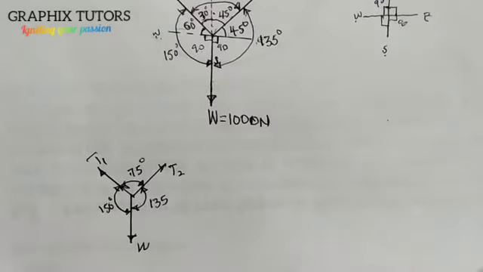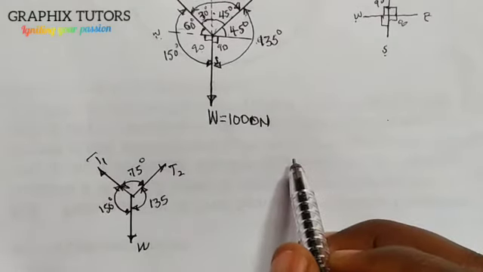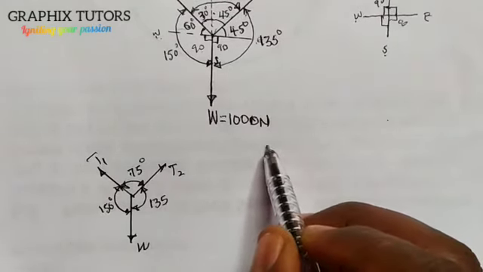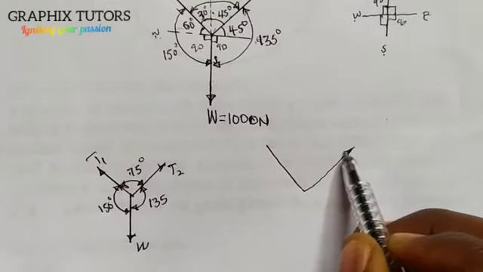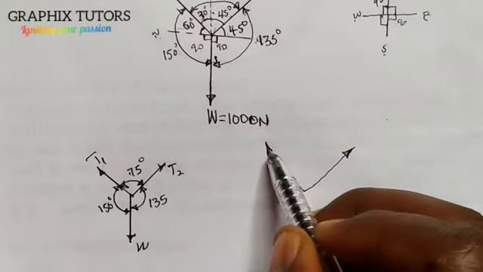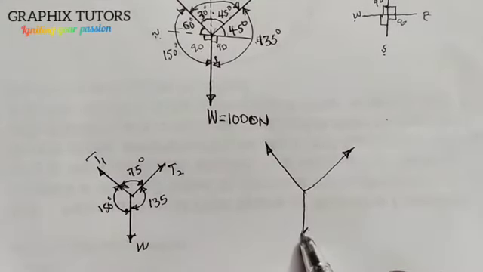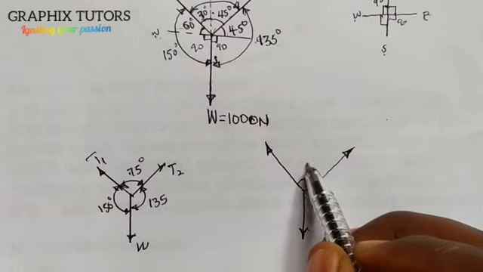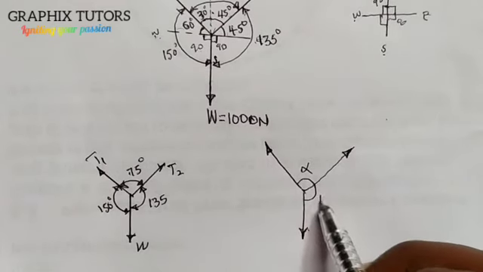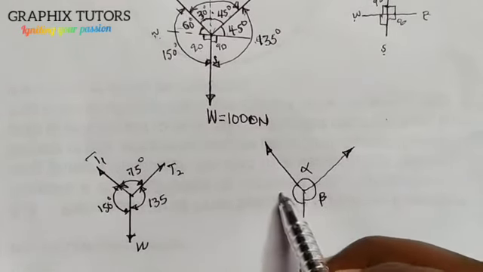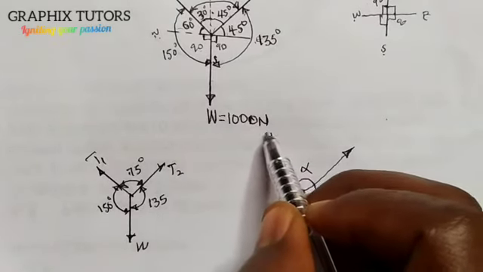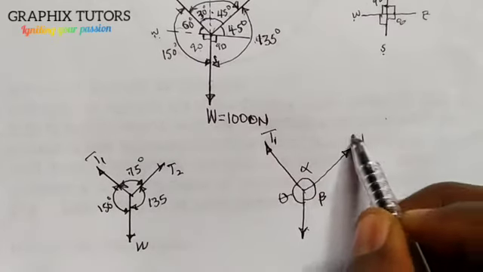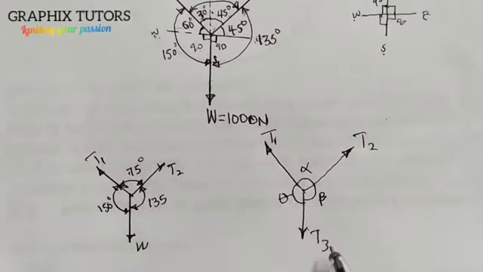Lami's theorem is telling us that if I have three concurrent coplanar forces, here is alpha, here is beta, and here is theta, and each of them, maybe this is T1, T2, and T3.